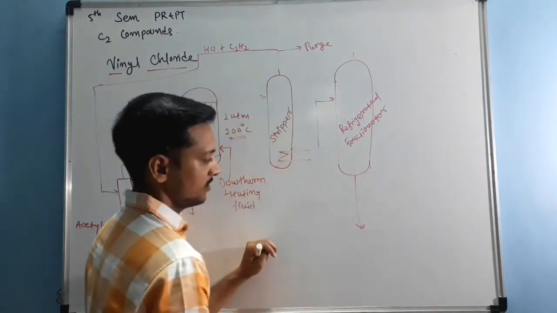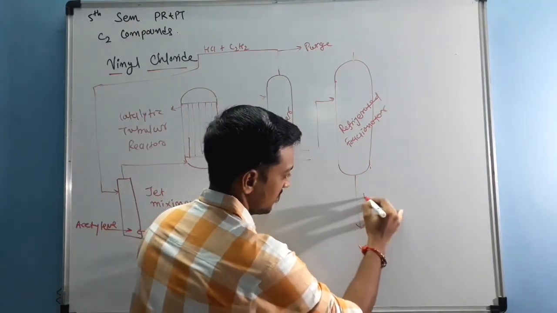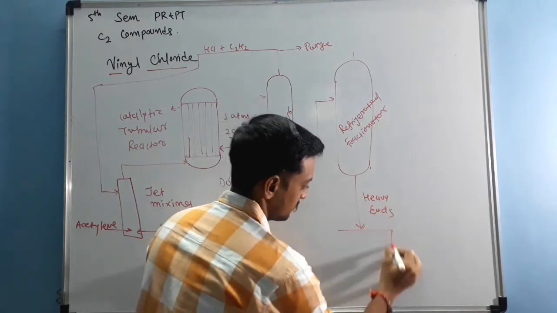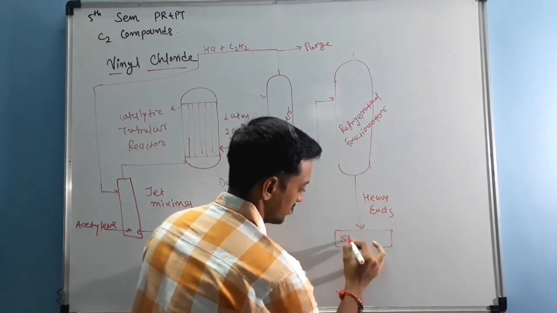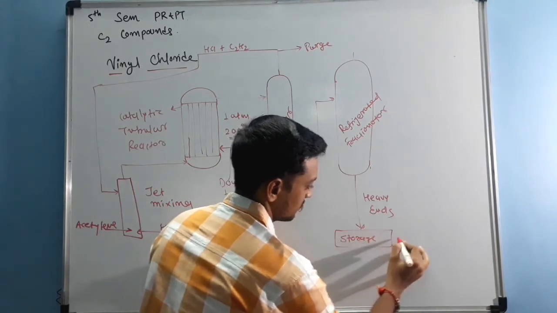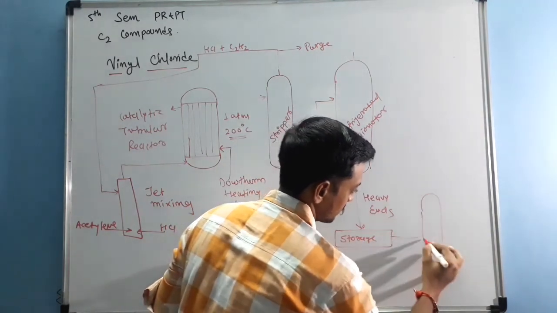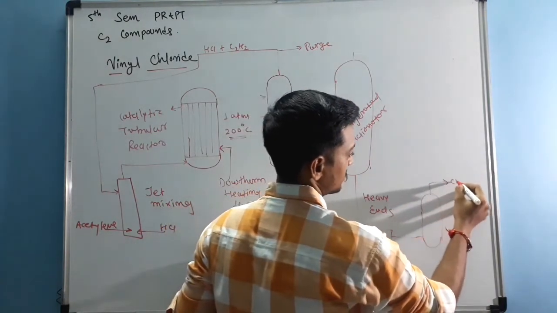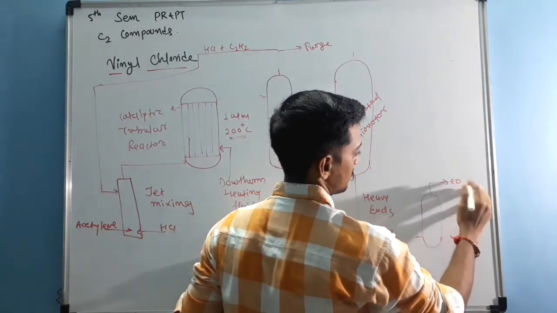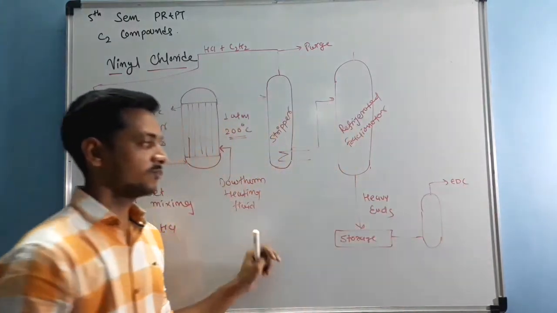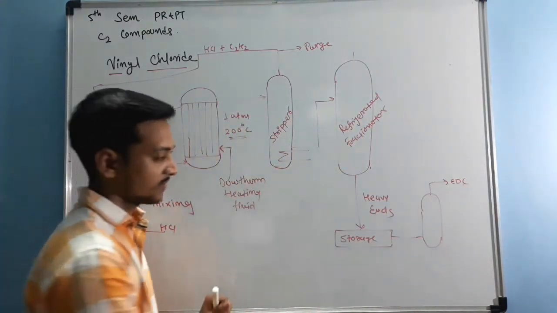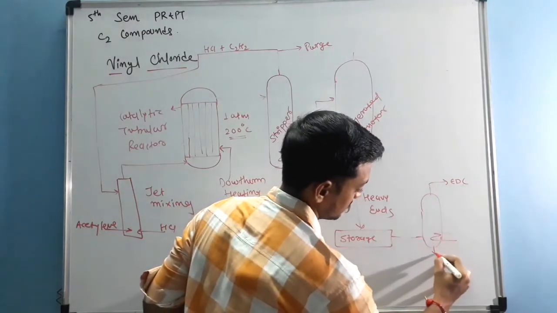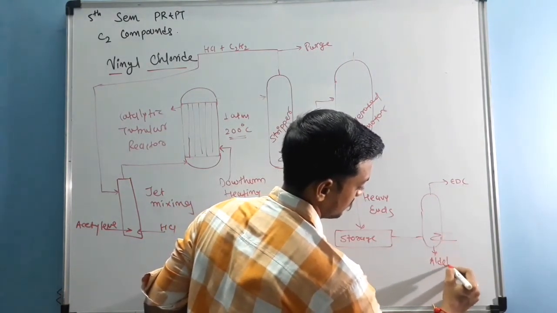From the refrigerated fractionator, from the bottom we get heavy ends, to storage. From this, EDC is taken from the bottom and aldehydes from here.